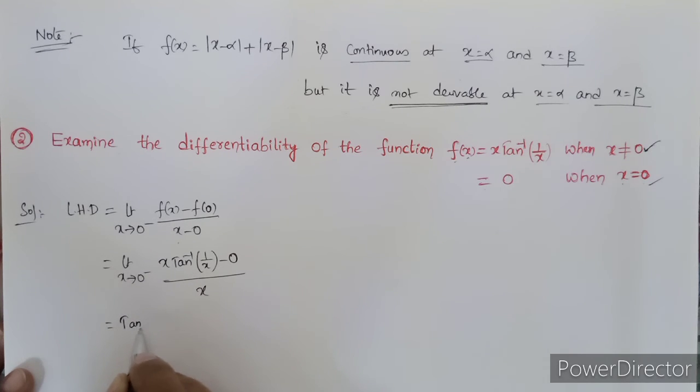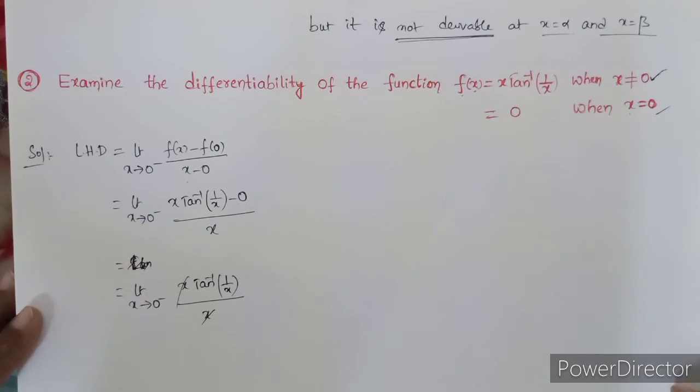Limit x tends to 0 minus x into tan inverse of 1 by x by x, cancel x. Replace x by 0 minus h: limit h tends to 0, tan inverse of 1 by 0 minus h.